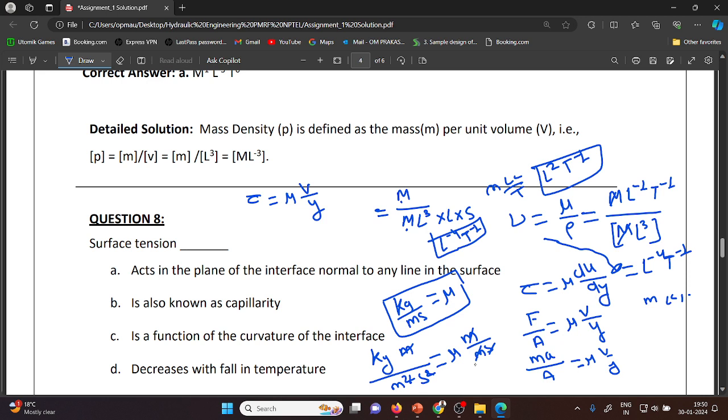Sir, the force unit is Newton. Yeah, but you need to convert the Newton in terms of mass, right? Yes, sir. So force is equal to mass into acceleration, or stress is equal to force by area.